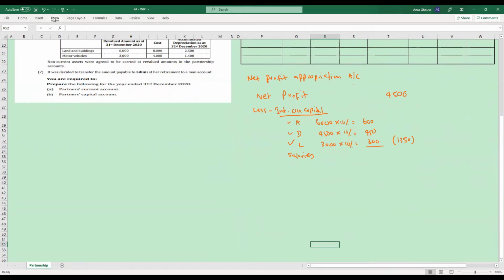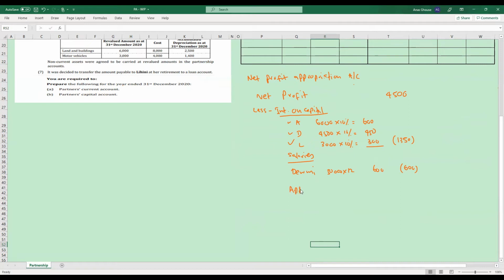So you can say salaries, Devmi. 50,000 per month for 12 months will be 600,000. So this 600,000 has to be deducted. Then you can calculate the remaining profit, which has to be distributed among the partners.